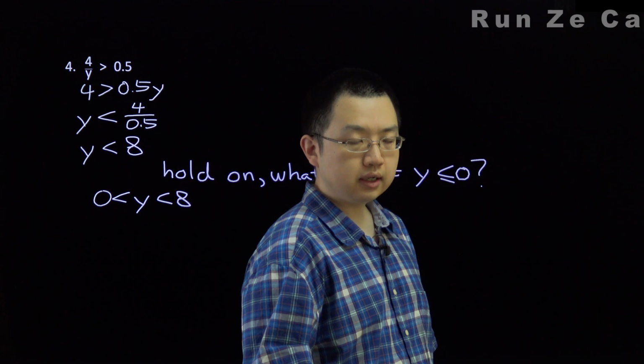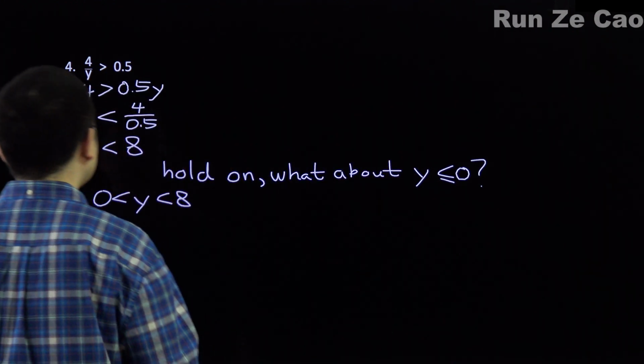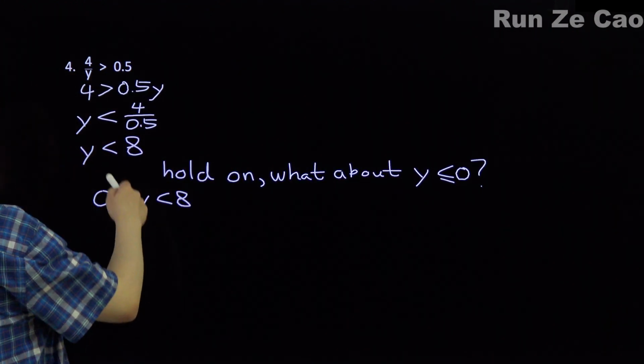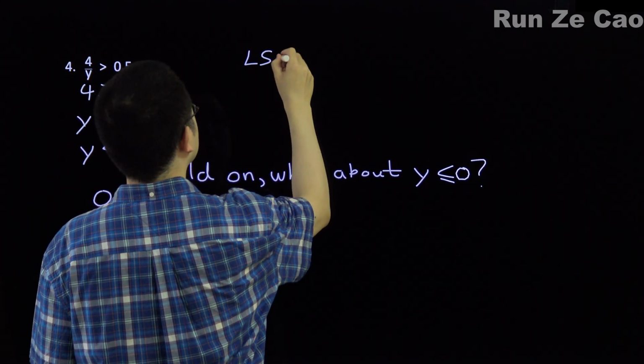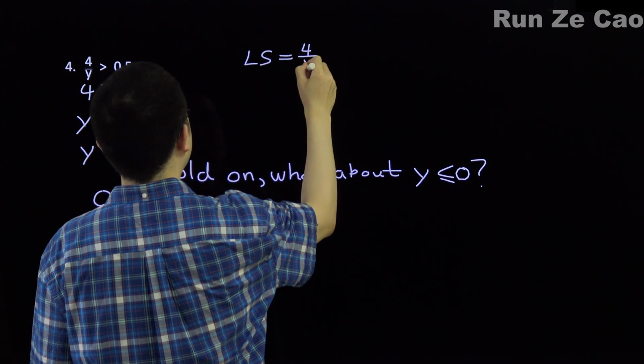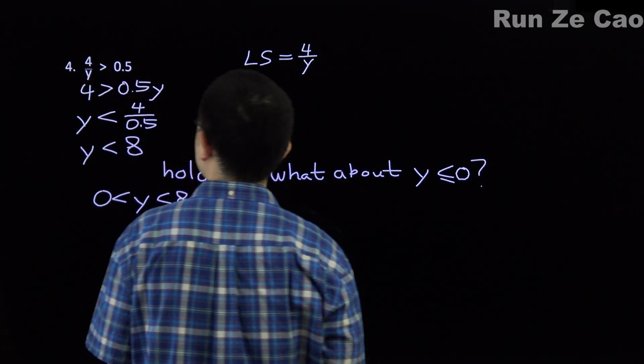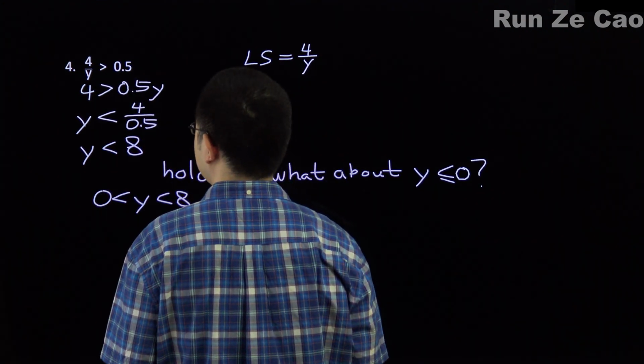When you check the answer, you would find that left side is equal to 4 over y, which is, well, y is less than 8.